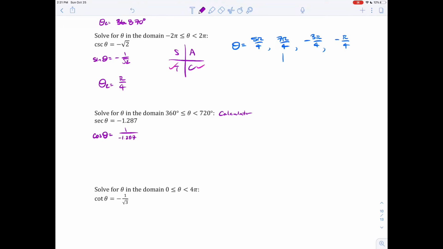For the reference angle, I'm going to take the inverse cosine of not the negative version of this, but the positive version, just so I get the angle that's from 0 to 90 specifically. So my inverse cosine of that value is 39.013 degrees.